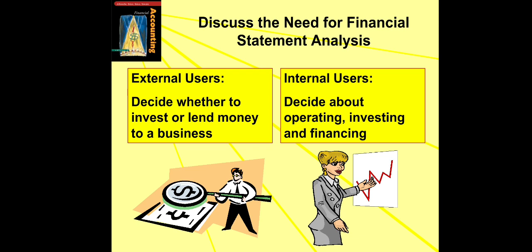Shareholders of a business are also internal users. Shareholders also do financial statement analysis so that they can make good investment decisions. If the shareholders see that the business has a good future, then the shareholder will purchase more shares, or at least keep their shares.